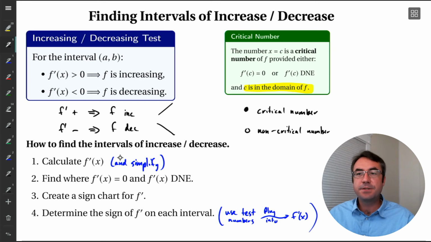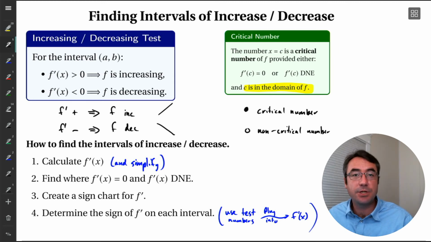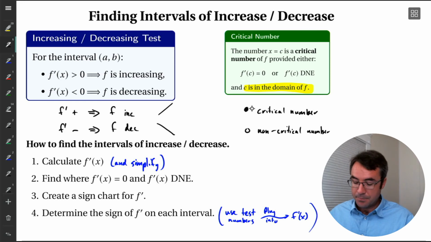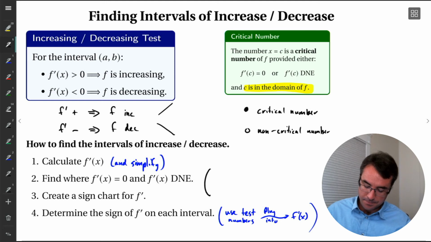So these places where f prime is 0 and places where f prime does not exist are going to be important regardless, because the sign of f prime can change there. But it doesn't necessarily mean that it's a critical number. If it's not in the domain, it's not a critical number. So just a little note here.